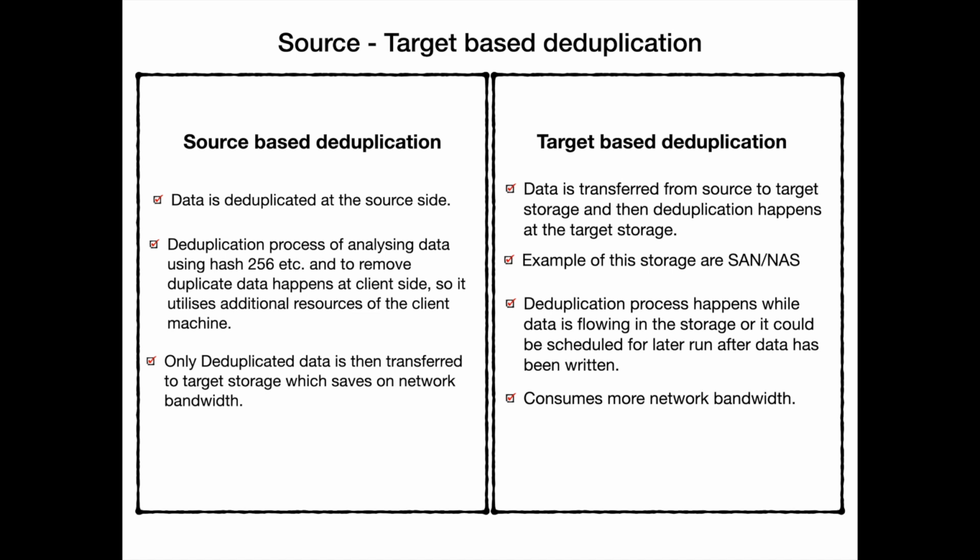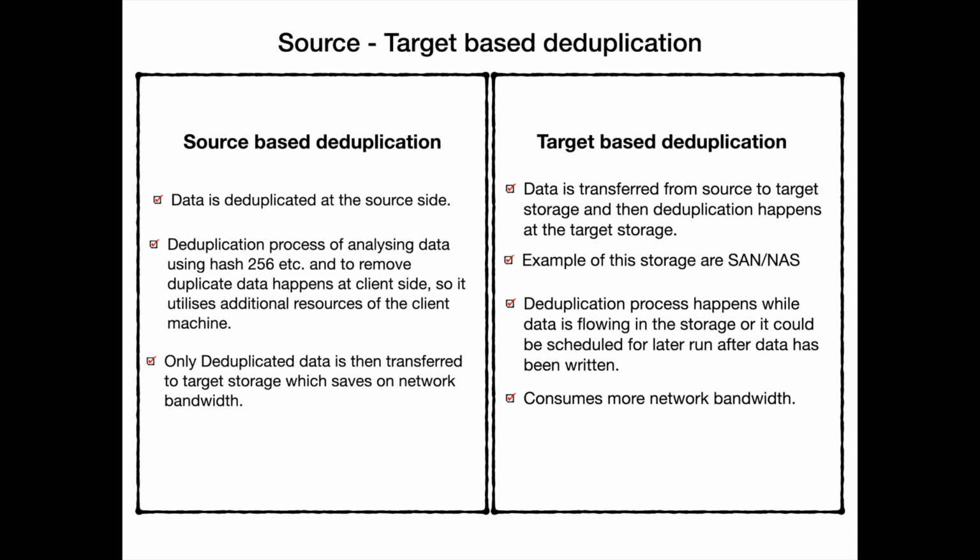The removal of duplicate data happens at the client side, so it utilizes additional resources on the client machine. Of course, because you're doing the process on the client side, additional resources are used on the client itself. If you do it on the target side, then you free up the client to do other activities. Only deduplicated data is then transferred to target storage, which saves on network bandwidth.